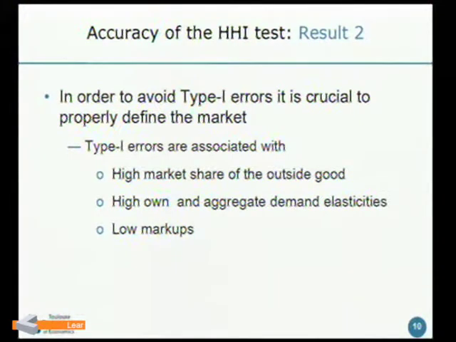When we say a type 1 error is higher with a high market share of the outside good, it means that when we compute the market share in the HHI, we use what we call the internal market share of the market, without taking into account that there are possible substitutions from the overall market to the external market.